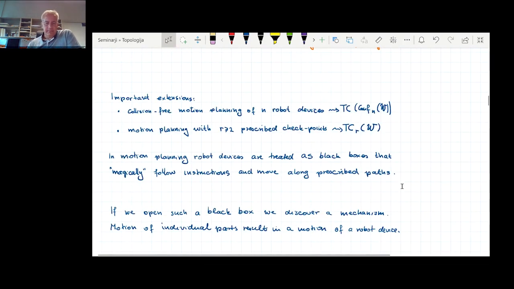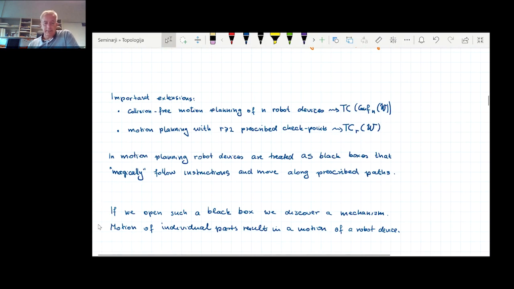A next step is if you open that box, and then you see that there is a mechanism, and the motion of individual parts then moves your machine. So if you are doing actual programming, motion planning, if you want manipulation planning, then you need to take this into account.